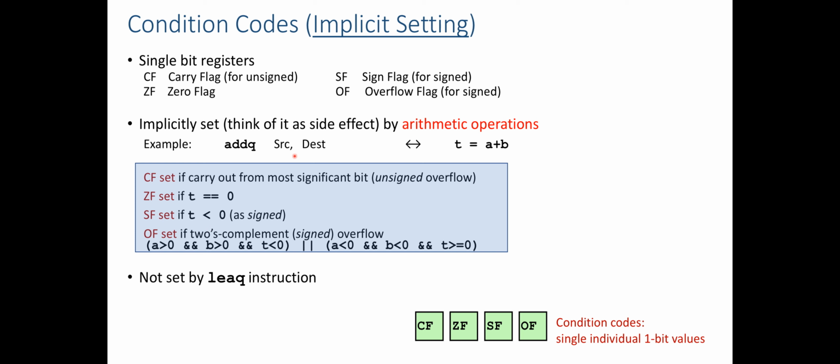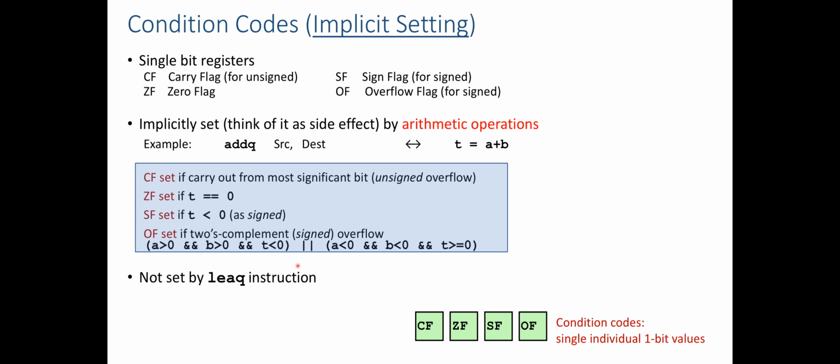Now, if the source and destination A and B are signed integer values, then SF would get set if the result of adding them together is negative, less than 0. And the OF, the overflow flag, would get set if overflow happened.